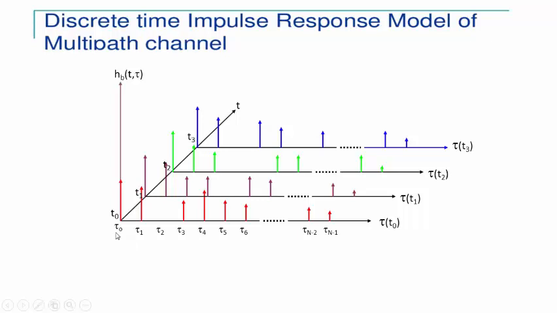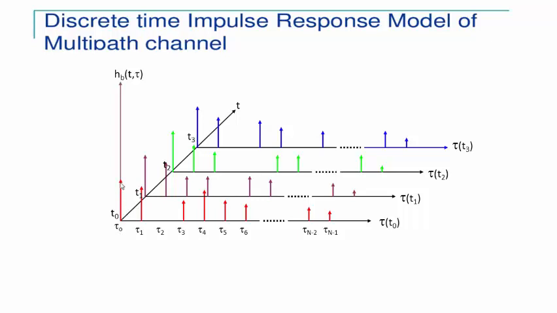So in this figure we can see impulse responses for different excess delay values. So here in the frequency domain we can see different amplitude variations and the excess delay values and impulse responses.